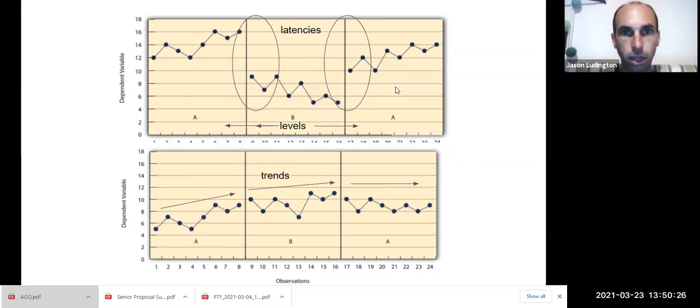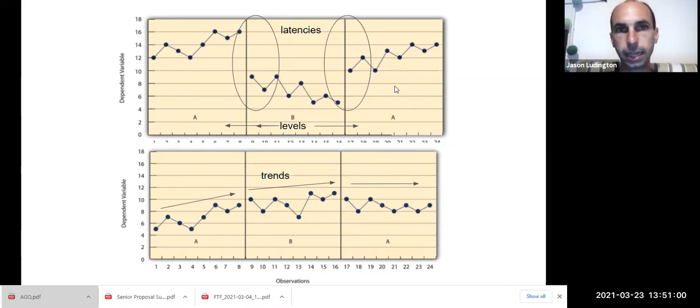All right, then there's the vocabulary word latencies. Latency is the reaction time, response time, how long it takes for treatment to be seen or observed or inferred. Now, I circled not just the first dot following treatment, and I circled not only the last dot, I did circle only the last dot before treatment.